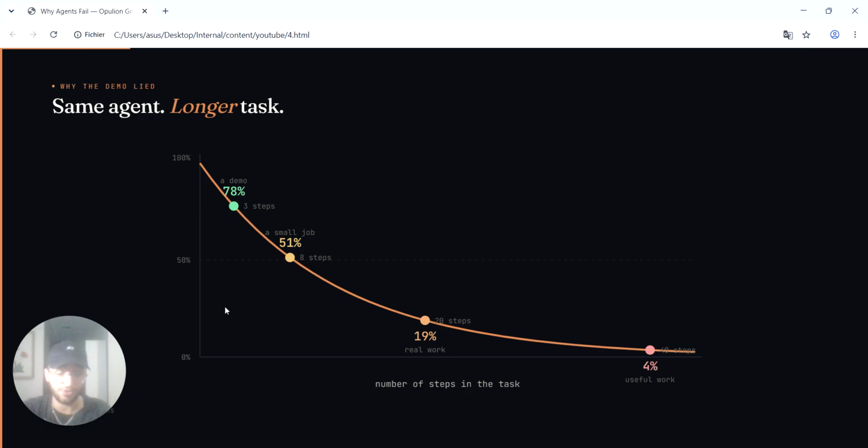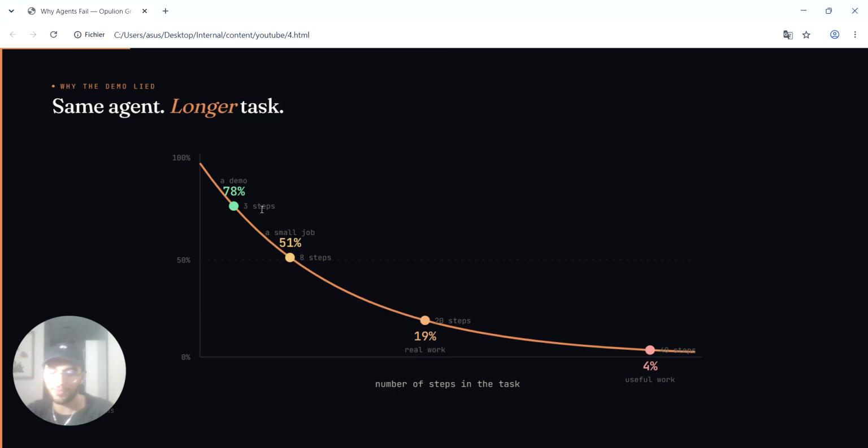The demo was never lying about the model itself, because the model's always the same. What happened is that the demo was lying to you about how short it was, because it showed you 3 steps and let you assume 40 would work the same way. And when it comes to 40, that's a completely different universe.